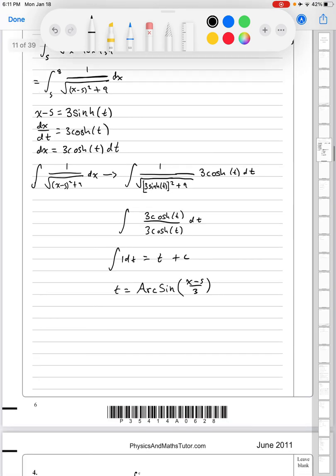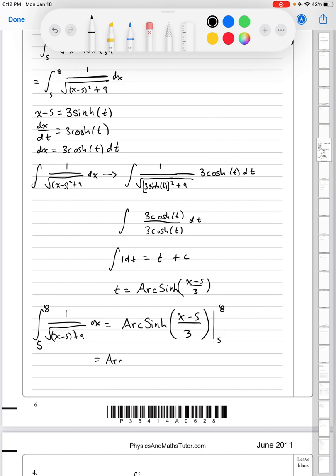And so our indefinite integral, 1 over the square root of x minus 5 squared plus 9 dx, is just equal to the arc sinh of x minus 5 over 3, and then technically plus c, but now I'm going to put in the limits again, so from 5 to 8. So again, we're getting the arc sinh of 1.